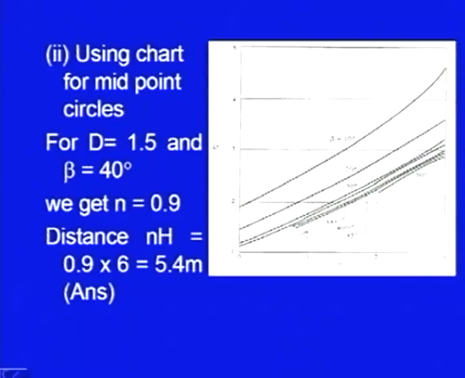Somewhere here you get the point, and we get n roughly about 0.9. So, distance nH as per this graphical solution comes out to be 0.9, that is n, into h is 6, that is 5.4 meter. So, you get the final answer where the circle touches the ground.